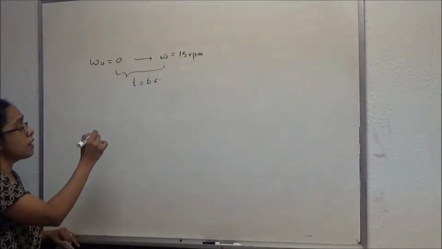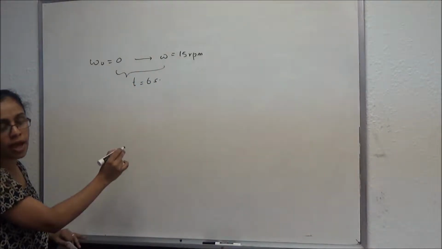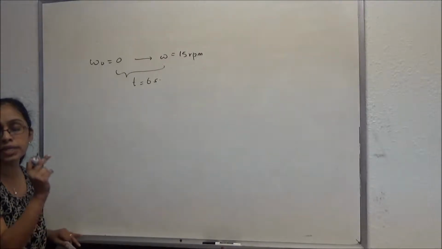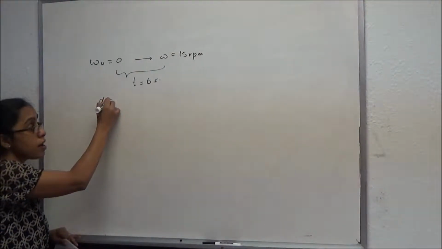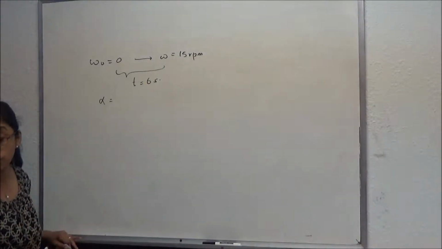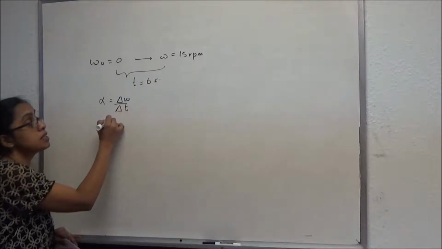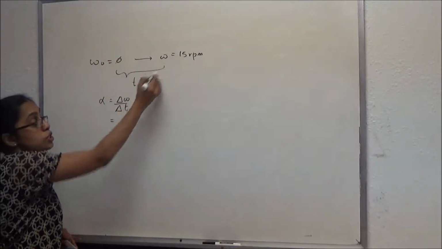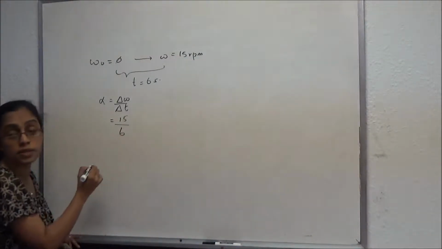We have omega and we have time, and we are supposed to find the angular acceleration. So what is the angular acceleration? Angular acceleration alpha is the rate of change of angular velocity, delta omega over delta t. So it should be 15 here, and delta t should be 6.